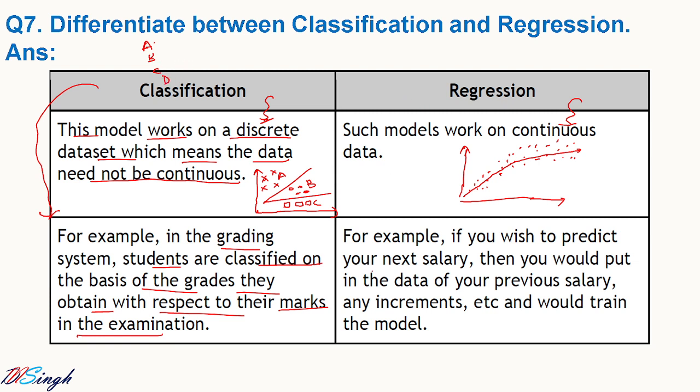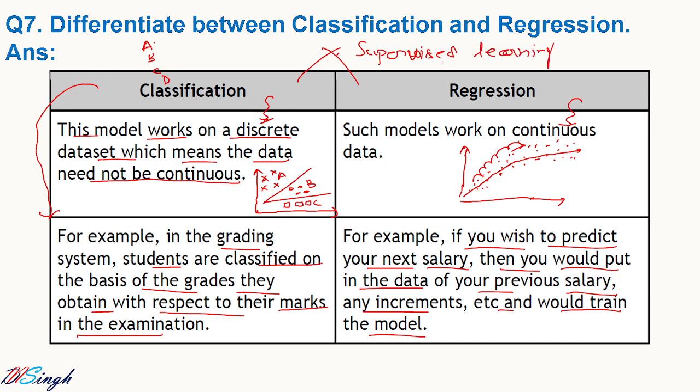But in regression, for example, if you wish to predict your next salary, you need to see what the previous increments given to you were, so you can make a correct prediction based on the previous pattern. Then you would put in the data of your previous salary, any increment, etc., and train the model to find out what the next salary will be. I hope you people are able to understand, and they both are part of what? Supervised learning.